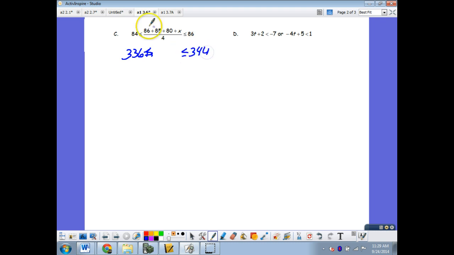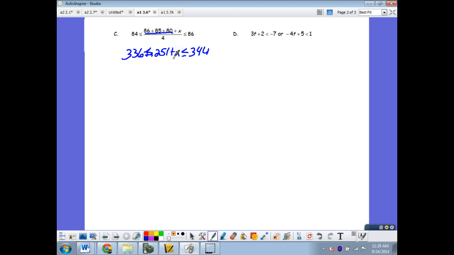And then I'm going to add these like terms together. 86 and 85 would be 171, and 81, or in plus 80, 171 plus 80 would be 251 plus x.